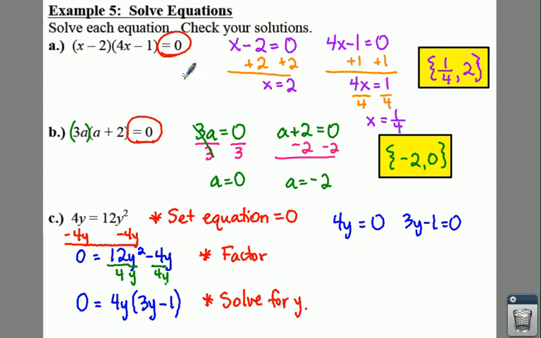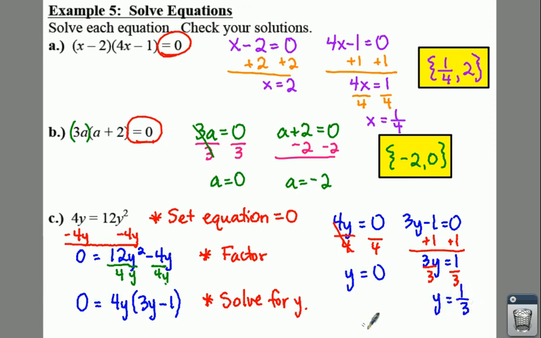If you divide both sides by 4 for the first one, 4 divided by 4 is 1, and 0 divided by 4 is 0. For 3y minus 1 equals 0, if we add 1 to both sides, we get 3y equals 1. We divide each side by 3, we get a fraction, and y equals 1/3.